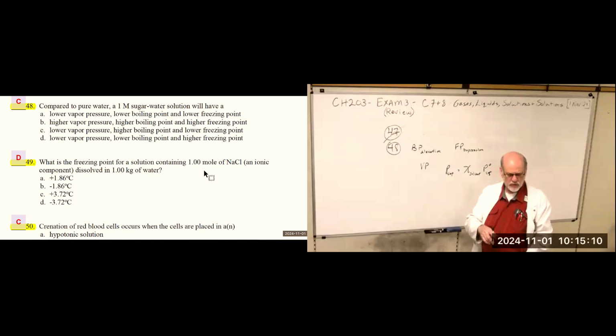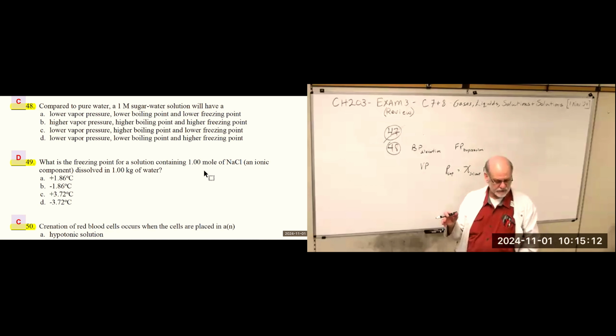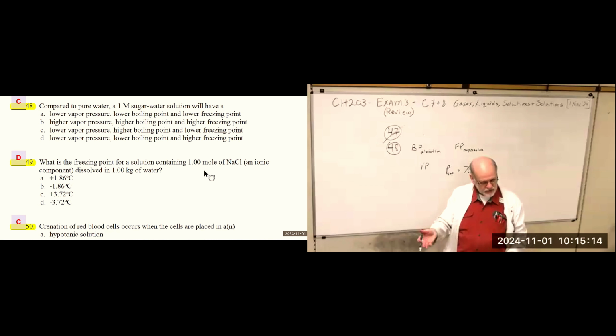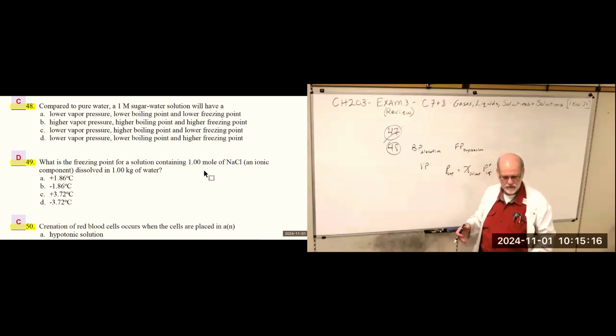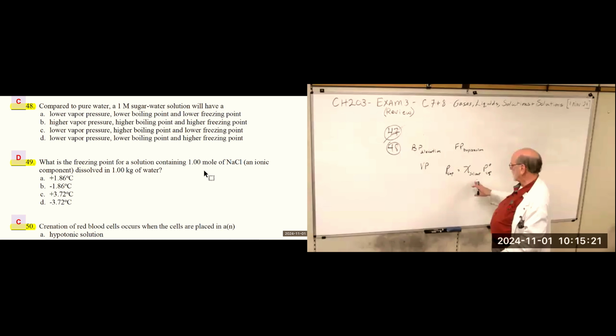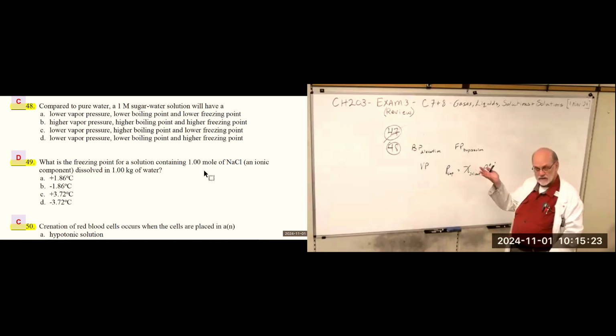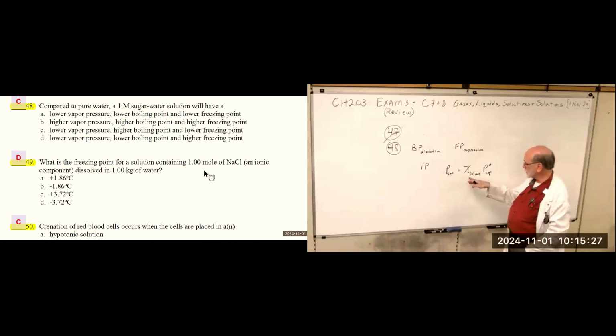So sugar is non-volatile. So with a lot of sugar, what do we get? Well, it's got all three of them. What happens to the vapor pressure? We increase the amount of sugar. What does that do to the mole fraction of the solvent? It goes down, right? Because you have to add the mole fractions of both of them together equals 1. So this goes down.